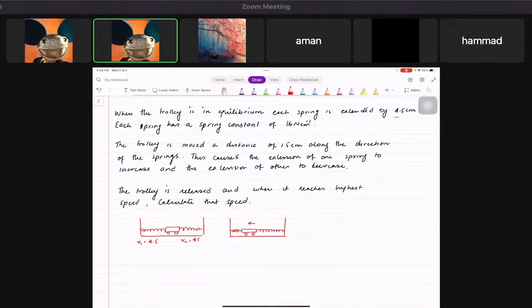That would mean x2 will extend by, it was already extended 4.5 and now you extend 1.5 more, so it's going to be 6.0 centimeters. And on this side x1, the new length is going to be 4.5 minus 1.5 because it's a decrease in length, so it's going to be 3.0 centimeters. Do you guys understand this?